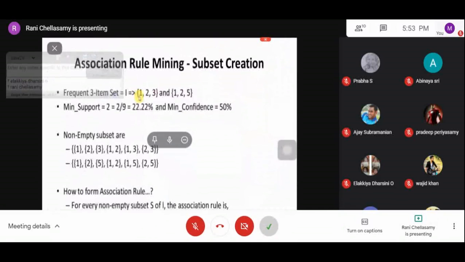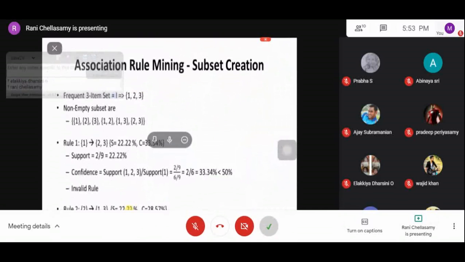The 9 gets cancelled, and you have 2 by 6, which is 33.34%, less than 50%. So you have to compare with the given minimum support threshold value and the minimum confidence threshold value. If it is below the minimum confidence threshold value, we consider the rule invalid. Coming to the next rule, rule 2, you can take 2 on the antecedent part.